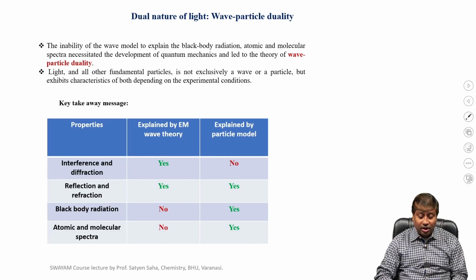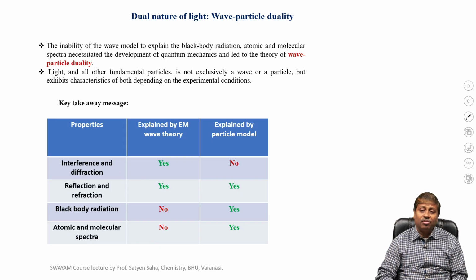As we have seen, the Rayleigh-Jeans model cannot explain blackbody radiation, particularly in the high frequency region where we expect a UV catastrophe considering the wave description. The atomic and molecular spectra also show that they cannot be explained by a continuous wave. So, there is a necessity for looking at light in a different way.